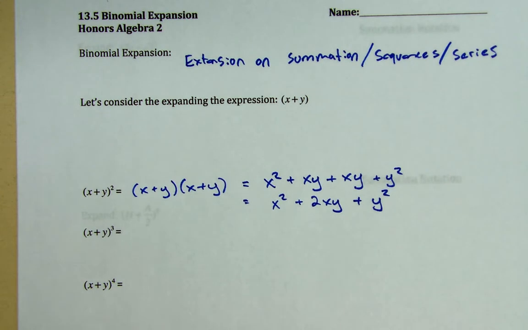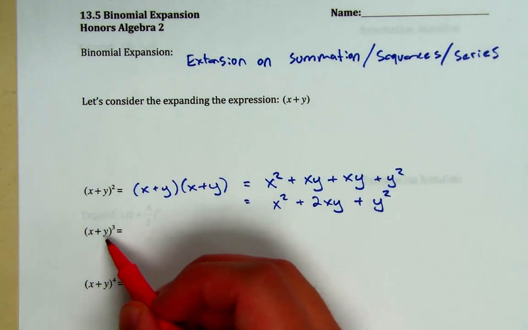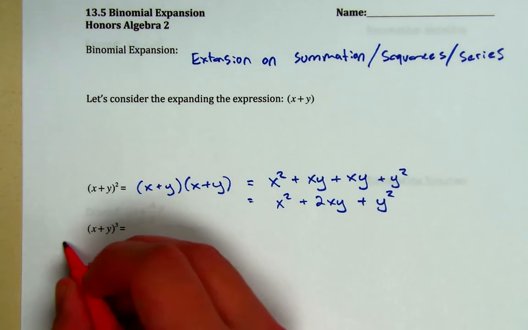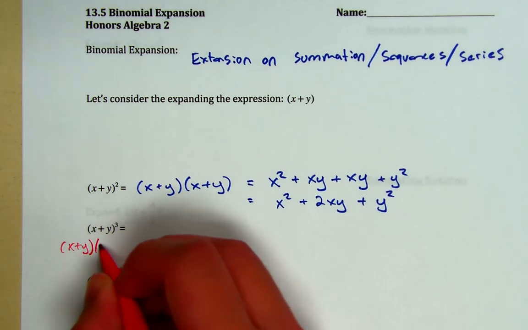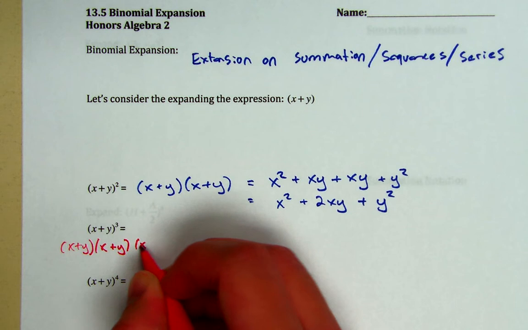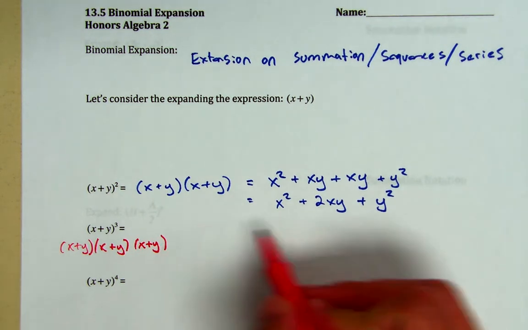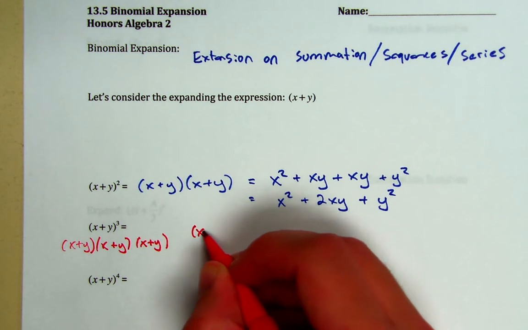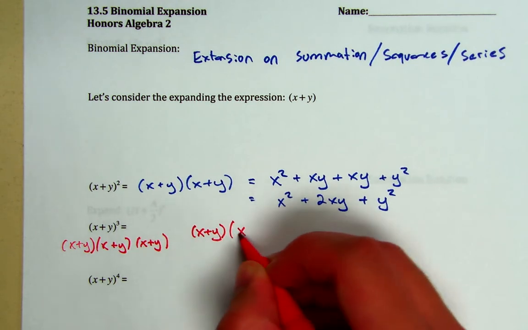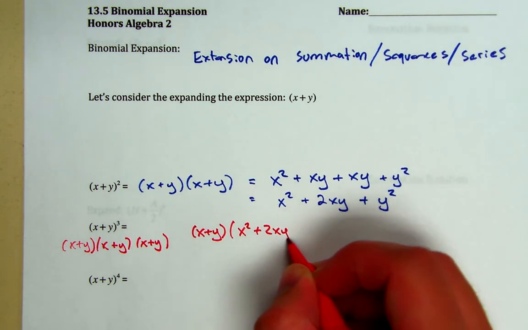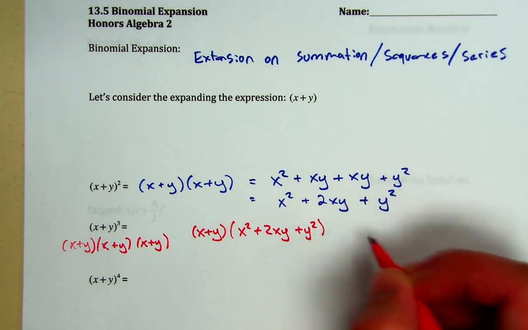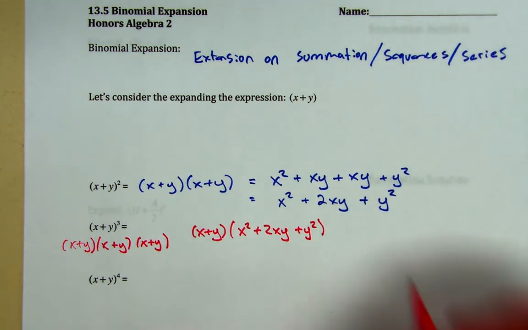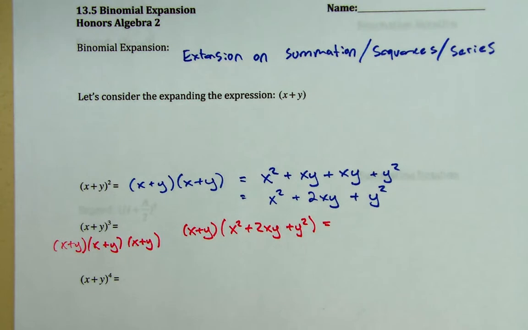So now let's expand x plus y to the third power. Well, that's x plus y times x plus y times x plus y. Well, since I already did this, I'm just going to take our expansion here and do x plus y times x squared plus 2xy plus y squared. So now this just requires a little bit more foiling.